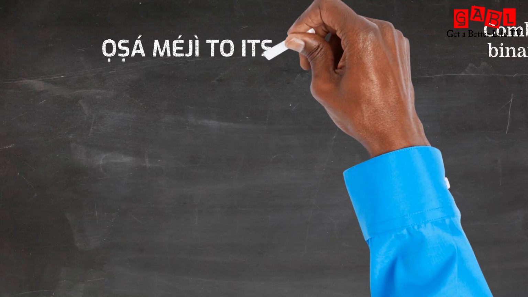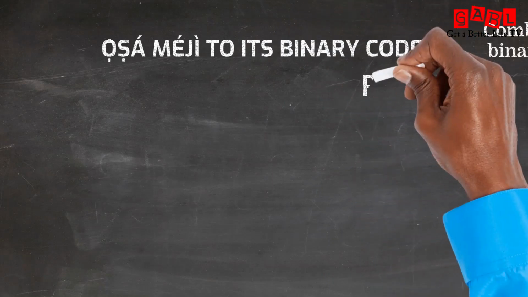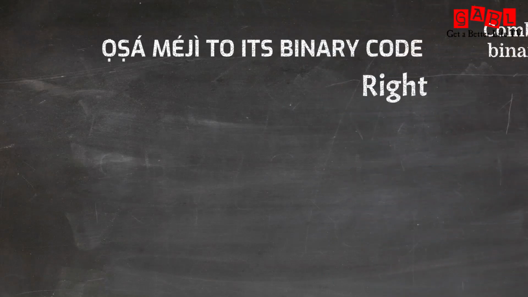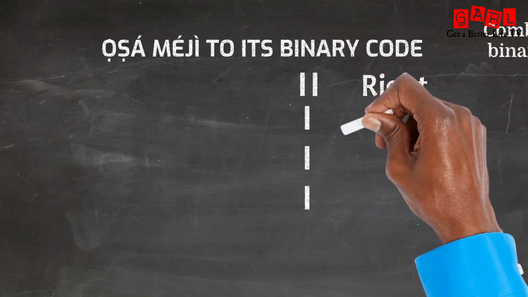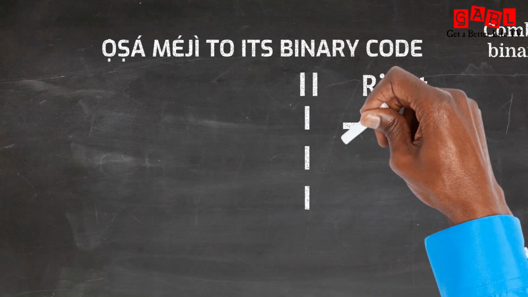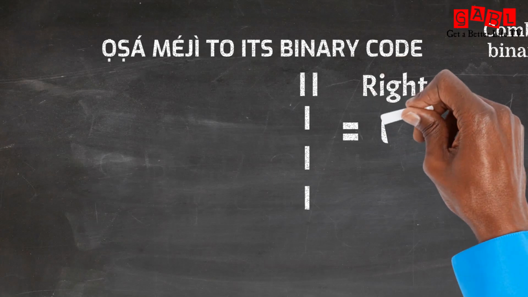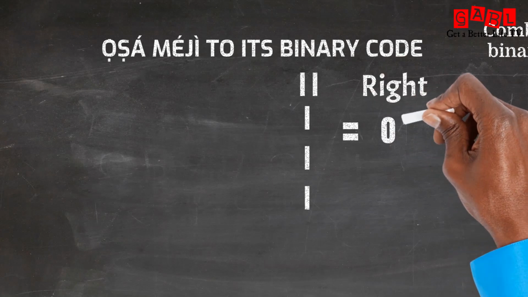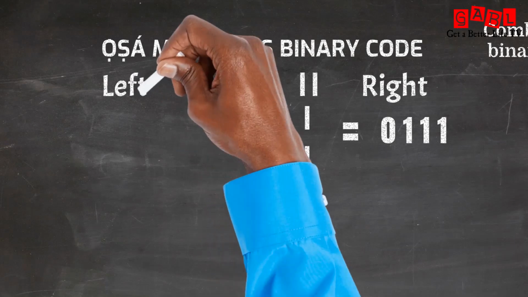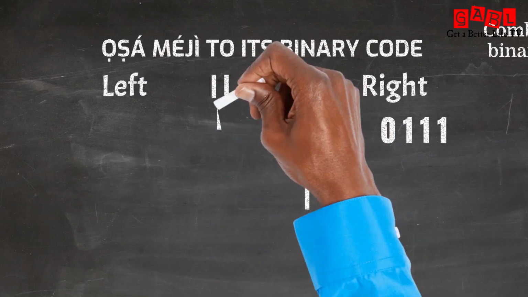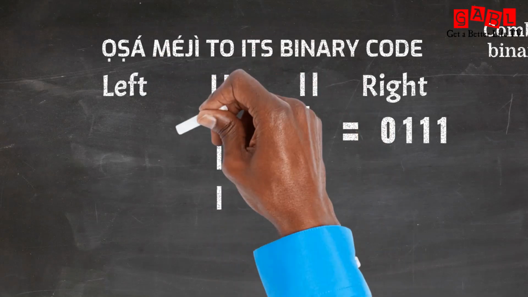Converting these to binary, the right column top to bottom has double line, single line, single line, single line. This translates to 0, 1, 1, 1. The left column also has double line, single line, single line, single line.